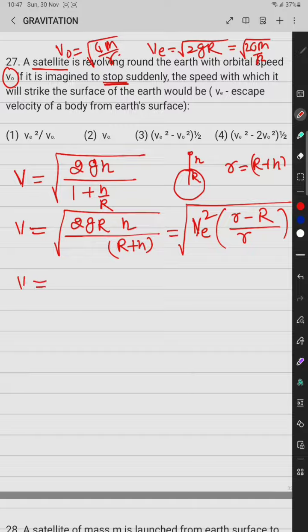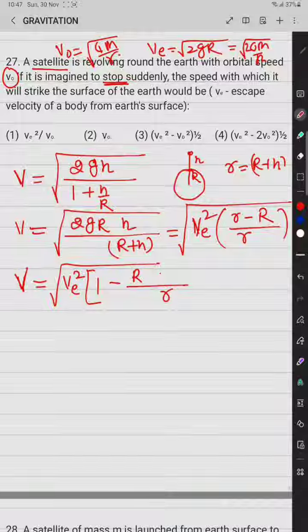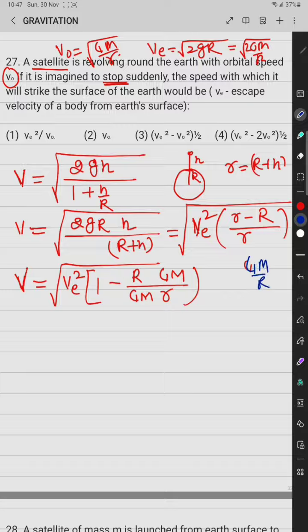So we can write the velocity at the ground as a square root of escape velocity square times the term 1 minus r by small r, if we multiply by gm. Multiplying gm on top and bottom, we know gm by r is escape velocity square by 2, and gm by small r, the orbital radius, is orbital velocity square.